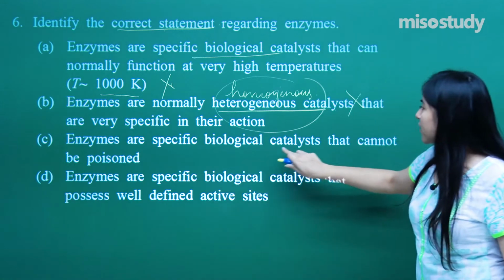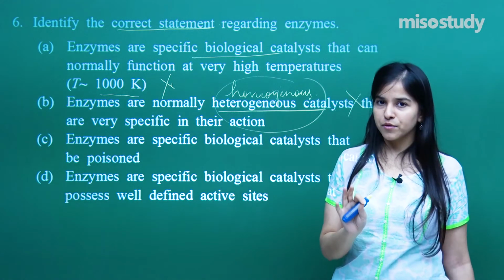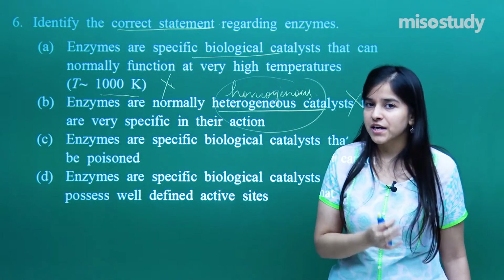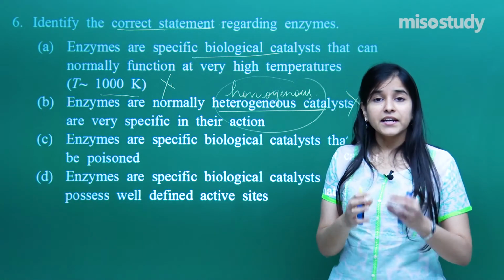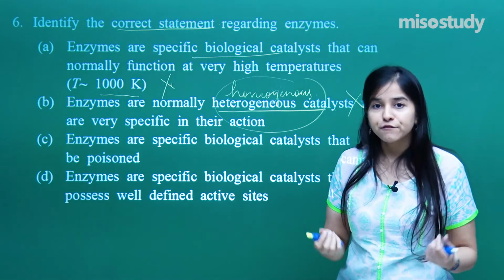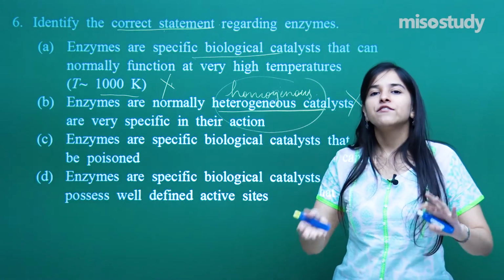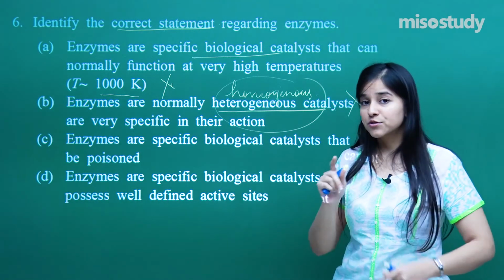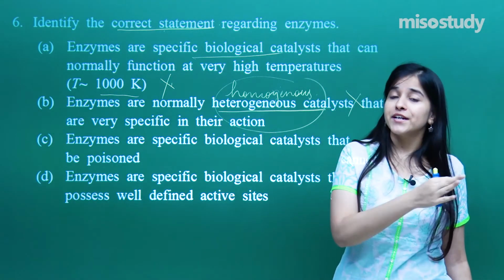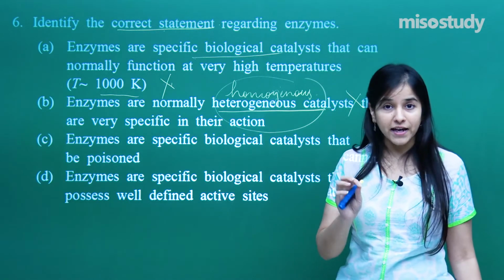Enzymes are specific biological catalysts that cannot be poisoned. They can definitely be poisoned. If you have read the chapter on chemistry in everyday life, there are a lot of medicines available which try to modify the function of an enzyme. That means we are poisoning the enzyme within the body in order to treat a condition, or in order to alter the way of that enzyme.